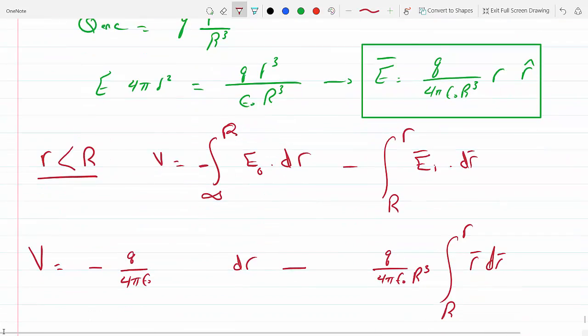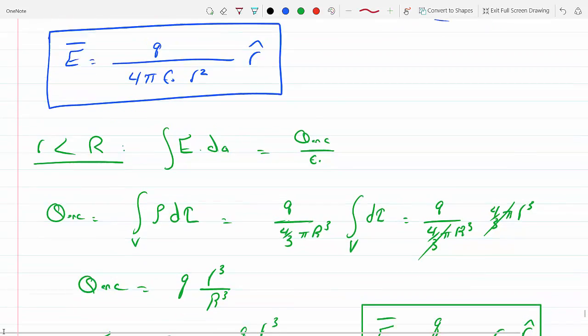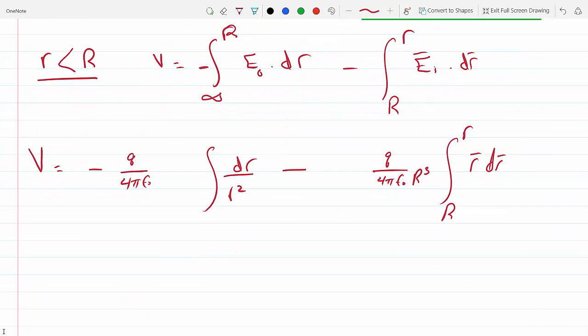So you have to find the potential. dr over r squared from infinity to r. Okay, so we will get... We do this like the one with the disk, except for the sphere.